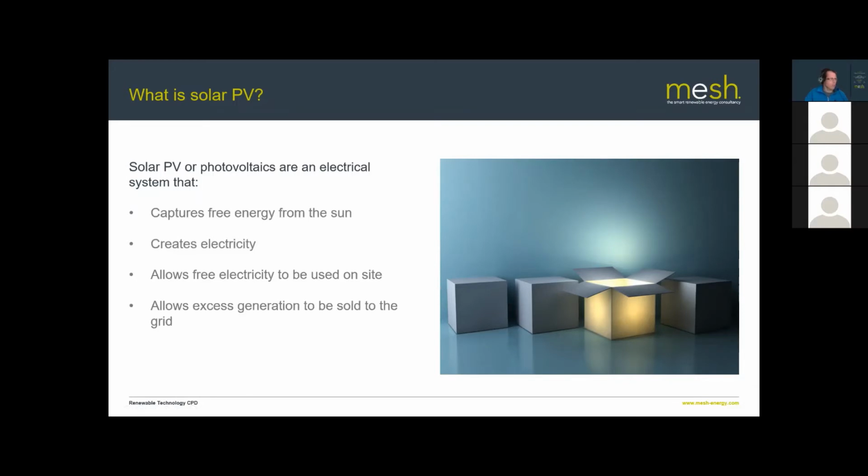It can also be exported back to the grid to power other users of electricity. But in a basic sense, if the sun's out, then the system will be producing energy, and that electricity needs to be used or stored for use at a later time. The way that it's actually integrated can be done in lots of different ways, and we'll look at some of those ways as we go on.